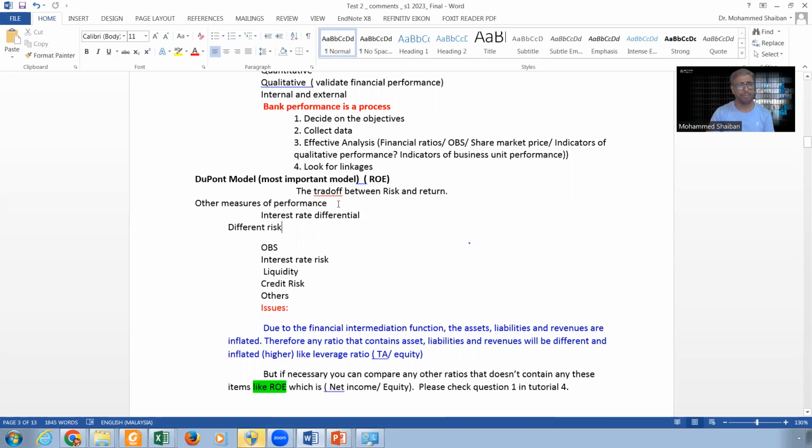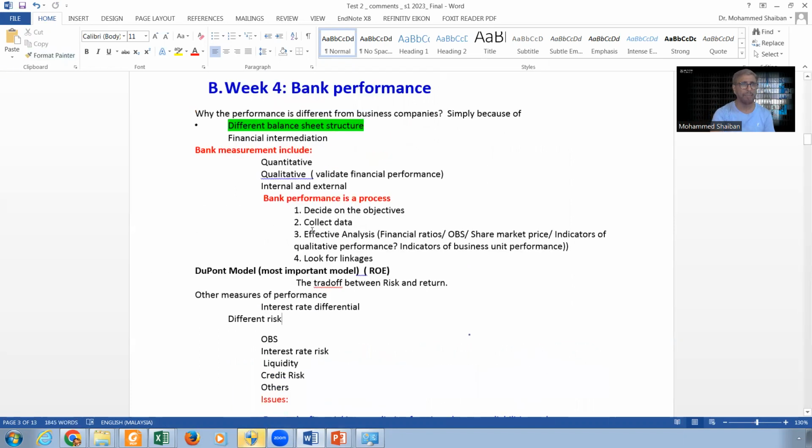We have ROE, which is broken down into the leverage multiplier and the ROA, and the ROA is broken down into asset utilization and profit margin. So if I give you some of those ratios, you can calculate them.